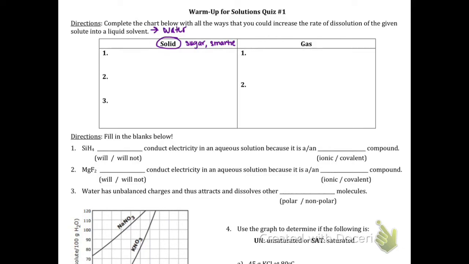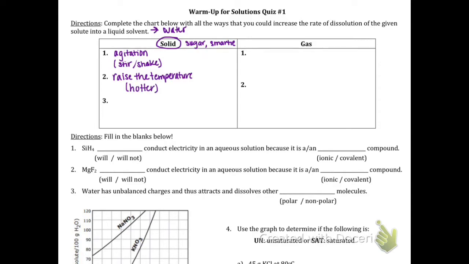There are 3 different ways. Remember, you could agitate it, agitation. Agitation consists of stirring or shaking. You could raise the temperature. What does it mean by raising the temperature? It means to make it hotter.